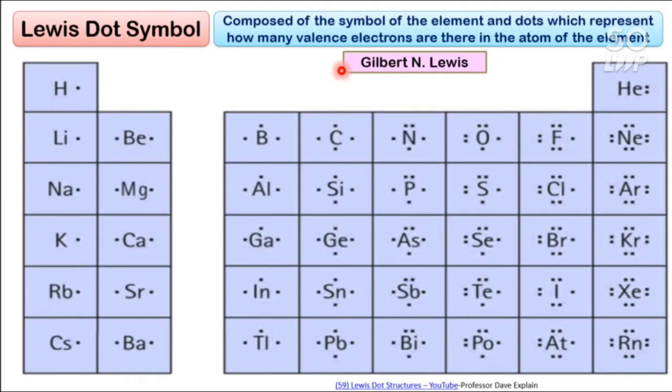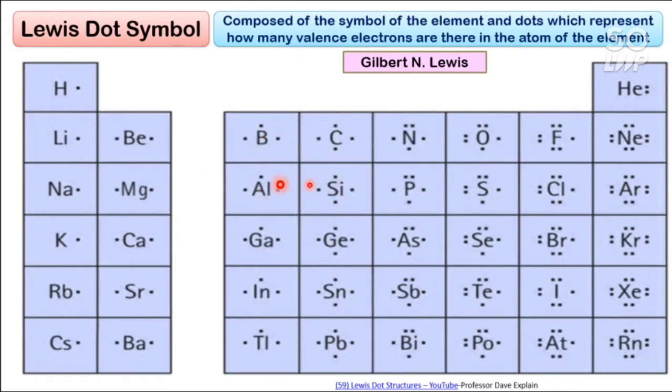And for today, additional information is that the valence electron will give us the hint how many dots are there in each element. Because if the element belongs to group 3 like boron and aluminum, they have 3 valence electrons and they have 3 dots.